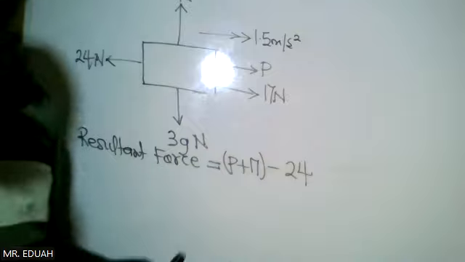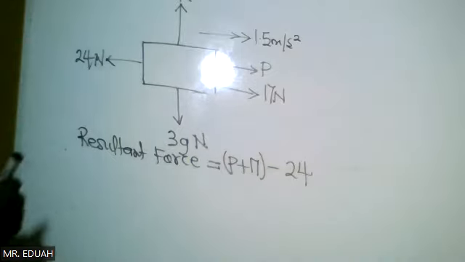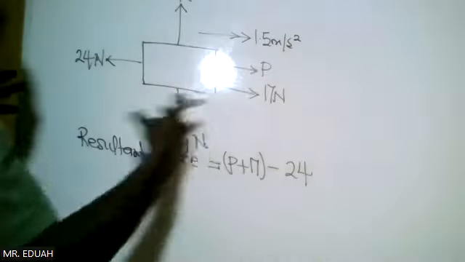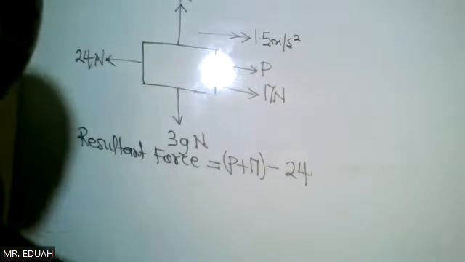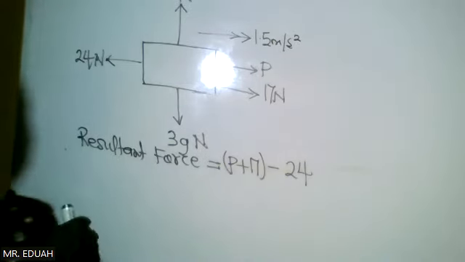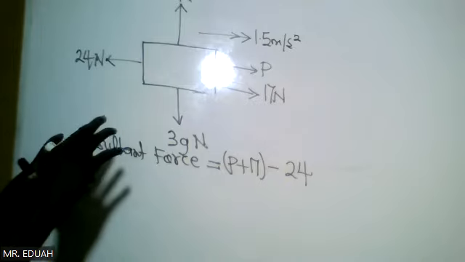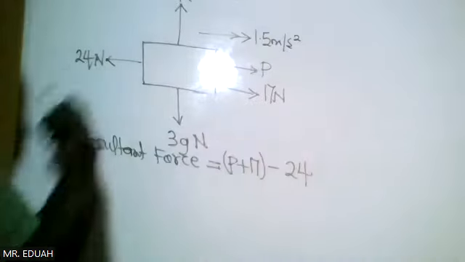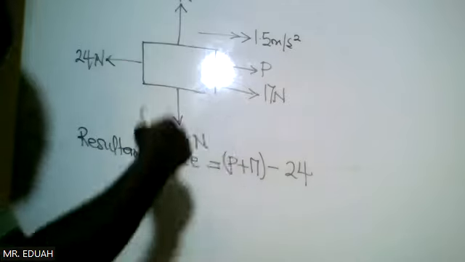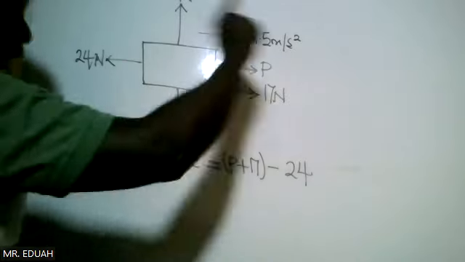So get this right. Once it accelerates, then we need a resultant force, and the resultant force must be the greater one minus the lesser one, because bodies accelerate in the direction of the larger one.